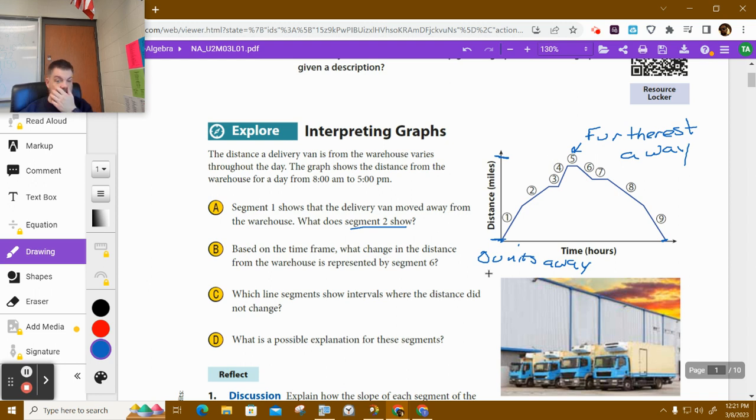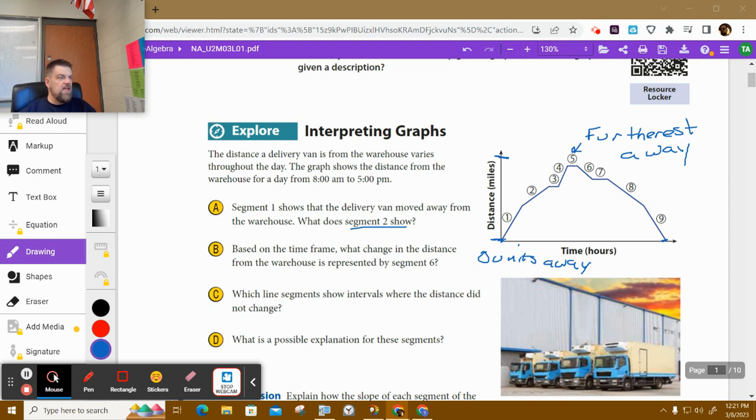It says, based on the time frame, what change in distance from the warehouse is represented by segment 6? Well, for segment 2, it's basically just a little bit further away, right? Do you guys see that? It's just a little further away.